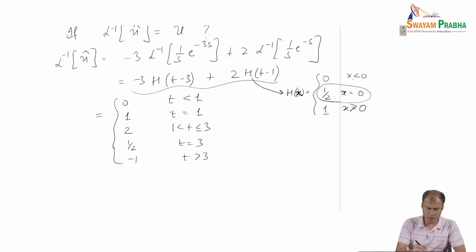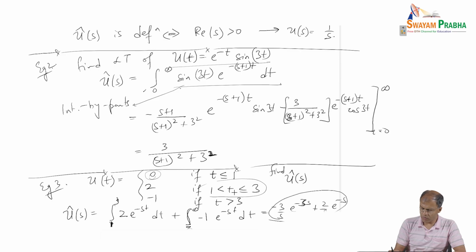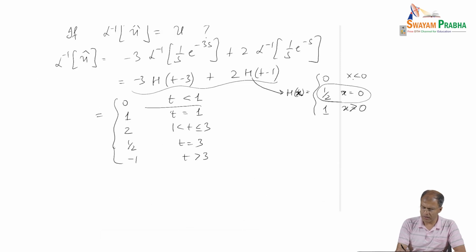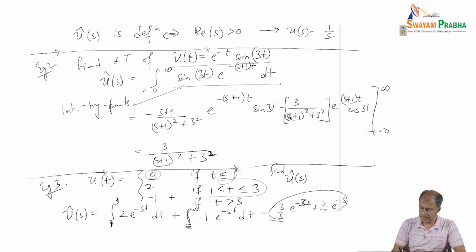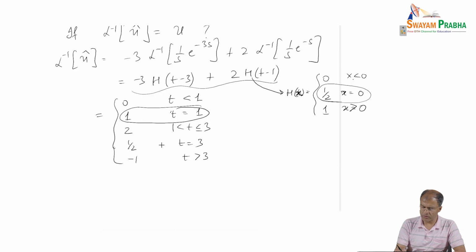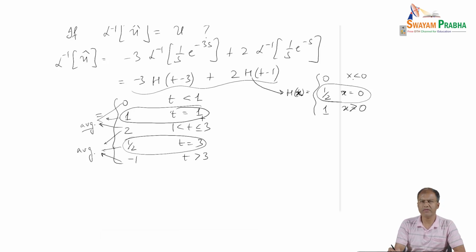If we go back and look at our original function, it was 0 at t equal to 1, and here at t equal to 1 the inverted function is 1. Similarly, the original function at t equal to 3 was 2, and here it is half, which is the averaged value of 2 and minus 1. Similarly, 1 is the averaged value of 0 and 2. That is the discrepancy we are getting.